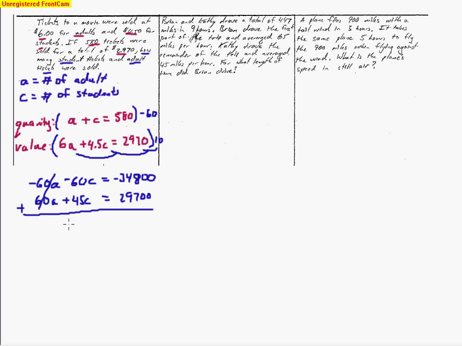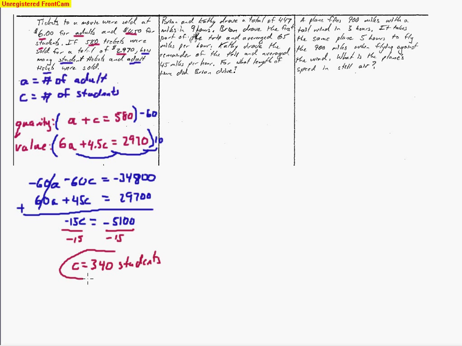Over here in the C's, I end up with negative 15C equals negative 5,100. Just divide by negative 15, and the negative signs cancel. 15 goes into 51 three times with 6 left over. I bring down the 0, and 15 goes into 60 four times, with the extra 0, so that'd be 340 students that showed up.